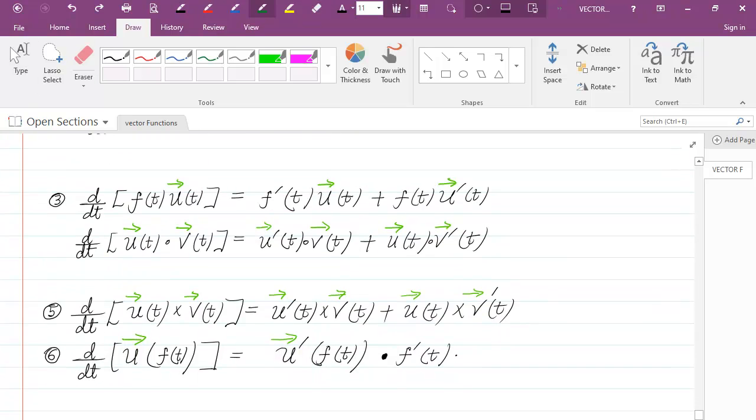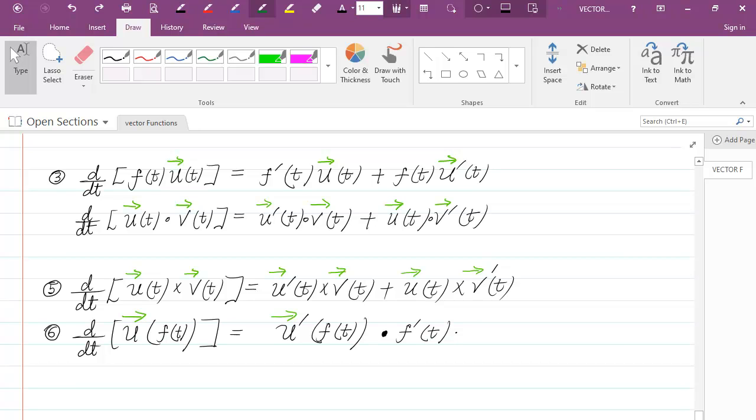Property number three is the following. u of t is a vector function, f of t is a scalar function, so we can multiply the vector u with the scalar f, and this product is scalar multiplication.